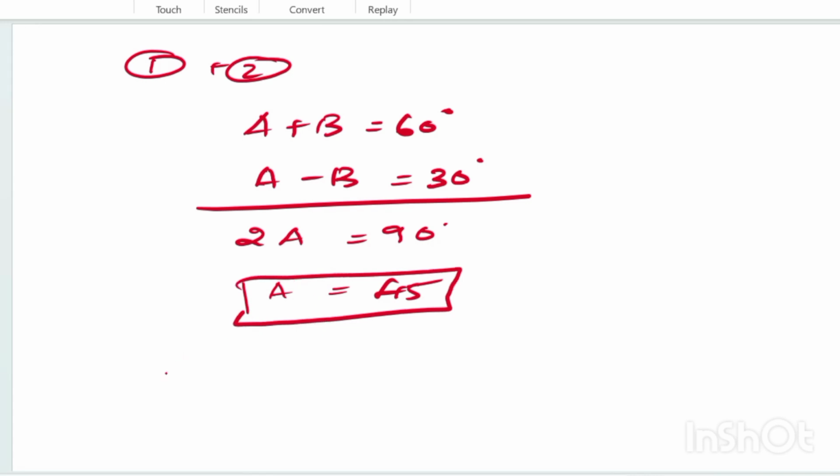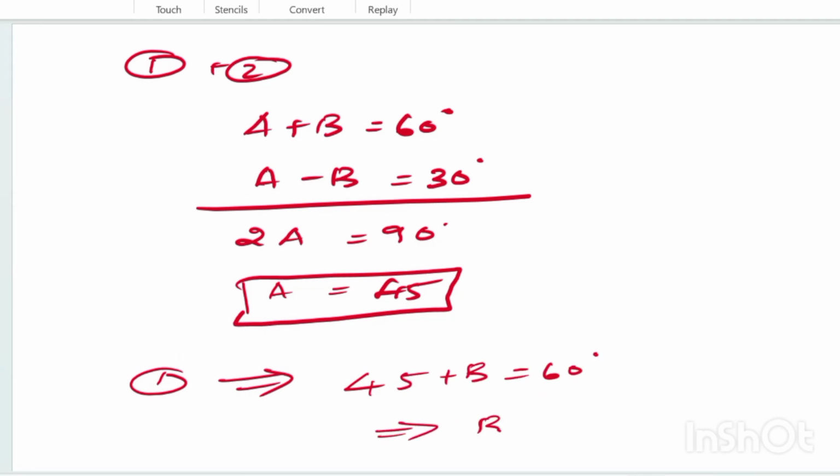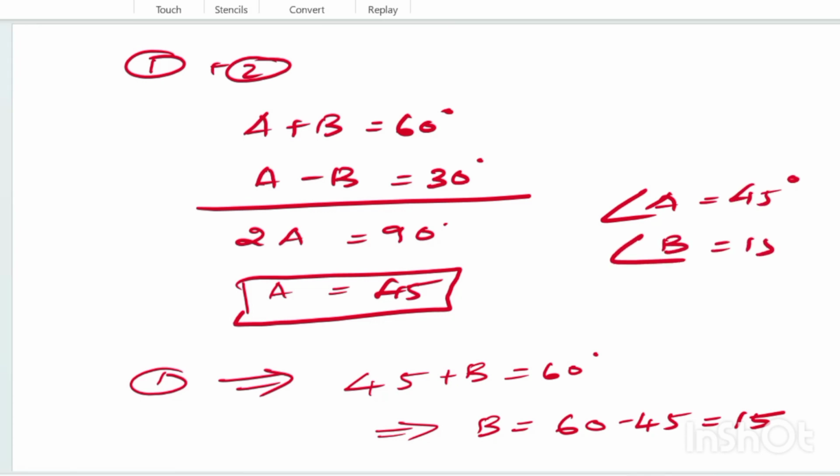Now let's substitute the value of A in the first equation. 45 + B is equal to 60, which implies B is equal to 60 - 45, and B is equal to 15. So the value of A is 45 and the value of B is 15. So angle A is equal to 45 degrees and angle B is equal to 15 degrees.